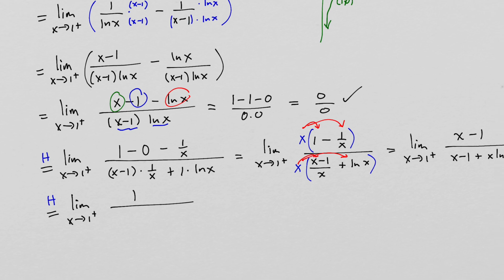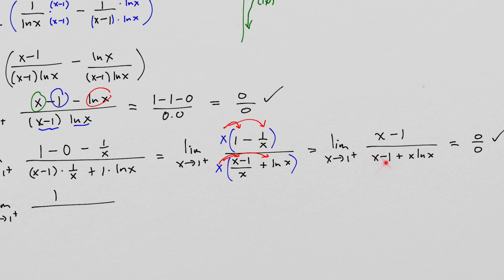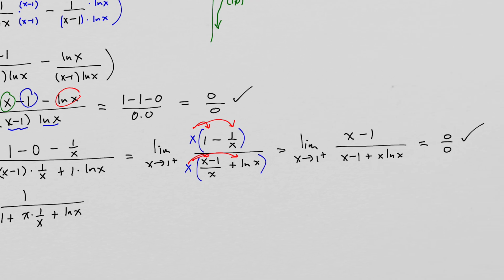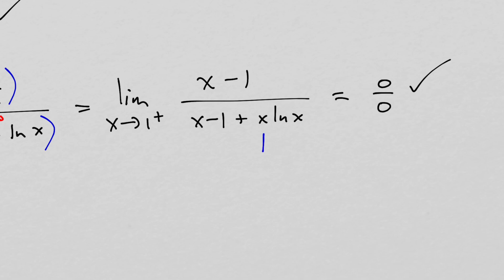In the denominator here, we have x minus 1, the derivative of x is 1, and then we have the derivative of x natural log of x, which is a product. So we're going to get 1 plus, of course, the derivative of negative 1 is 0, and then the product rule says first function times the derivative of the second function plus the second function times the derivative of the first function. So we're simply applying the product rule to these two functions.